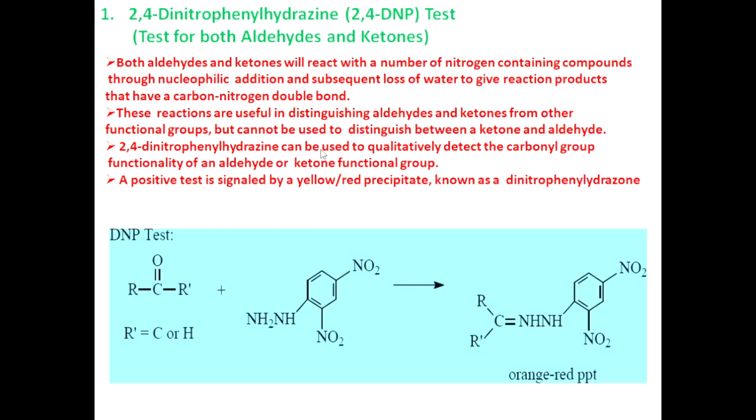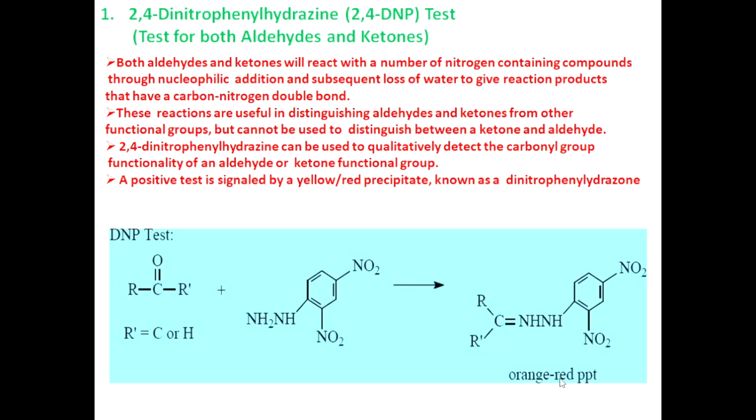2,4-dinitrophenylhydrazine can be used to qualitatively detect the carbonyl functionality of an aldehyde or ketone. A positive test is signaled by a yellow or red precipitate, which confirms the presence of a carbonyl group. In the chemical reaction, either aldehyde or ketone reacts with 2,4-dinitrophenylhydrazine, which undergoes dehydration and gives the hydrazone, a C double bond N compound.